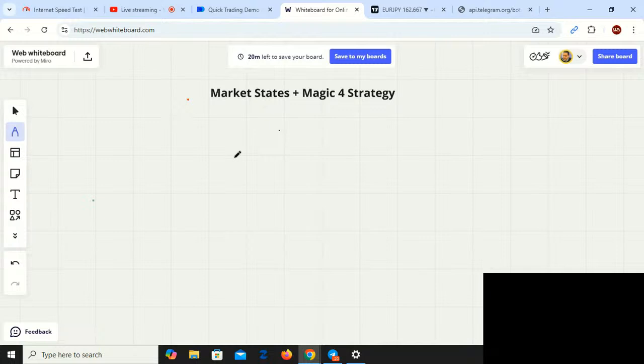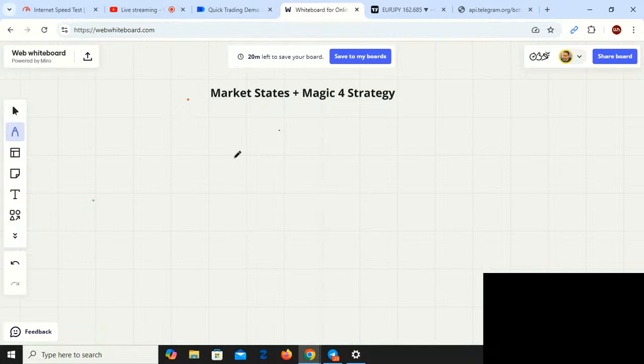Any market, forex, crypto, stocks, commodities, gold, anything you are trading that has a chart moves in only three states. It has only three directions to go. It's either going to go sideways in a narrow state, or in a trending mode to the upside to a wide state, or in a trending mode to the downside in a wide state.